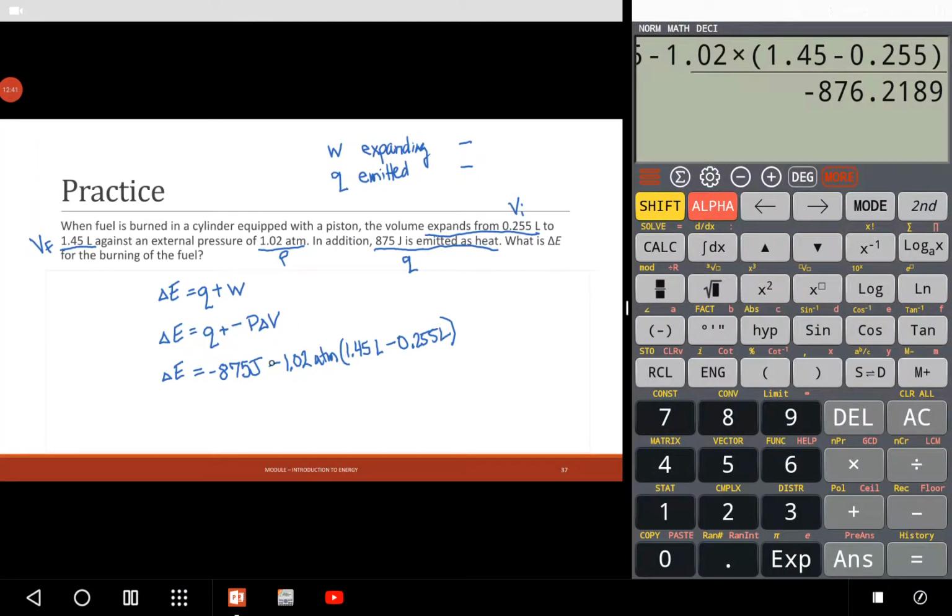If you did your calculation just like this, you would have had a unit mismatch. We also need to convert our work into joules so that we can subtract our units. So I have to remember to convert my liter atmospheres into joules. And I can do that by tacking this conversion on to the end of my equation.